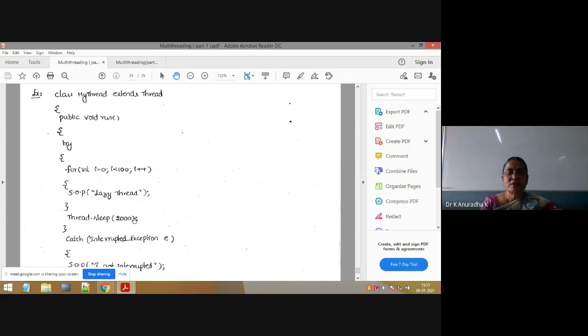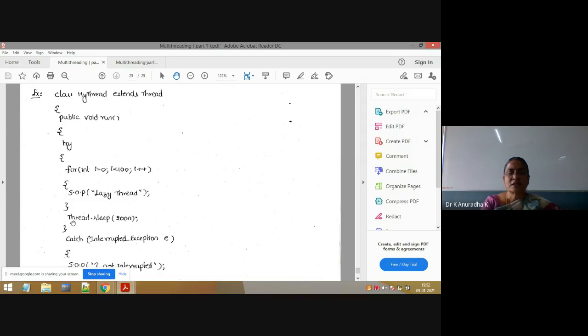In the previous program, I have written the Thread.sleep statement inside the functionality of the child thread, inside the for loop, Thread.sleep of 2000. But in this program, I have written Thread.sleep of 2000 outside the for loop. Same program.